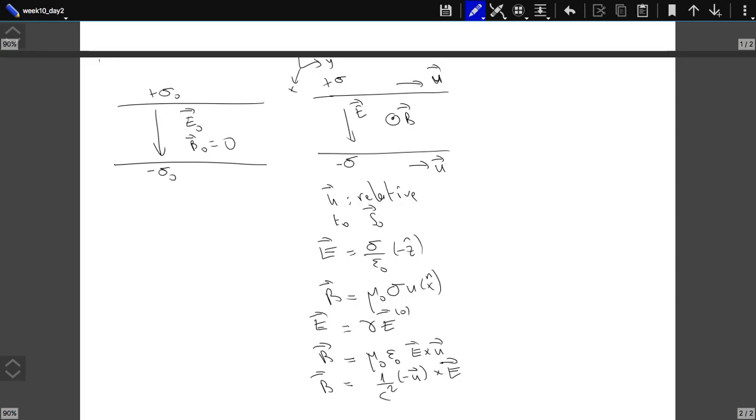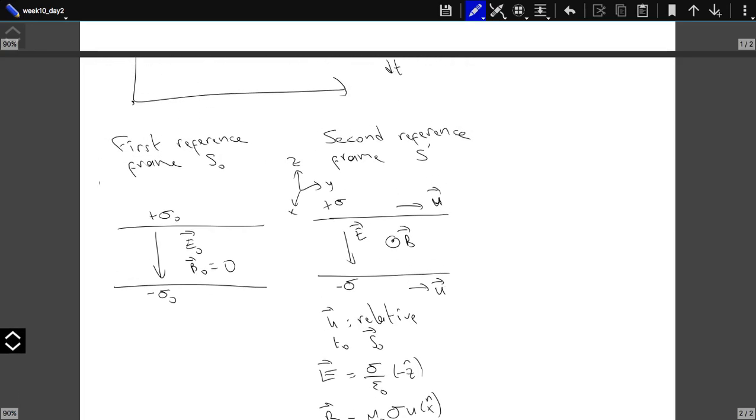So relative to me, the direction of the plates relative to the S prime reference frame is opposite the direction of me relative to the reference frame in which the plates are at rest, the S0 reference frame. So now the second reference frame is one in which we have both an electric field and a magnetic field. And now we will look at the third reference frame.